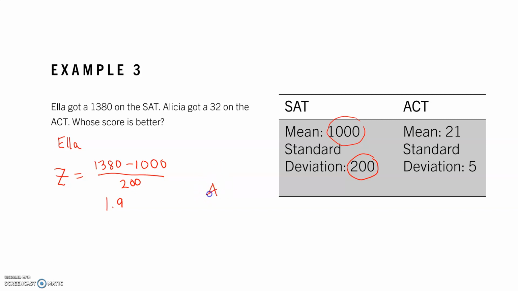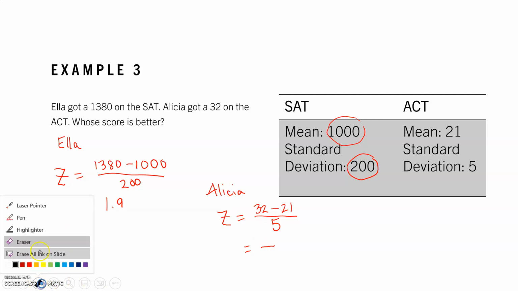Now if I look at Alicia's Z-score, it's going to be based on the ACT, so her score was 32, and we're going to use the ACT data for her score. So 32 minus 21 would be 6 over, no it wouldn't, it'd be 11 over 5, wouldn't it? Yeah, it would.